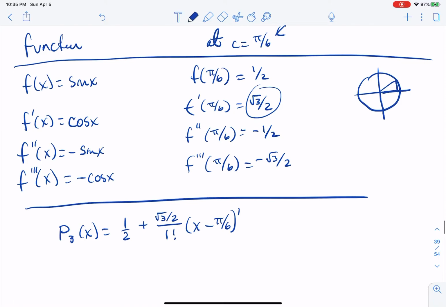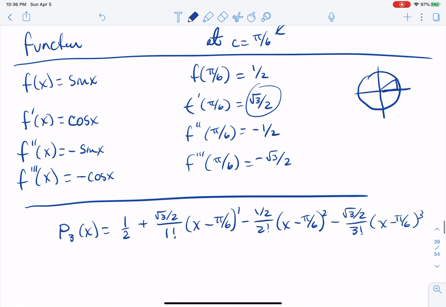Just keeping the pattern going. And then we have negative 1/2 over 2 factorial times x minus pi over 6 to the second. And then we have one more, negative square root of 3 over 2 over 3 factorial times x minus pi over 6 to the third.